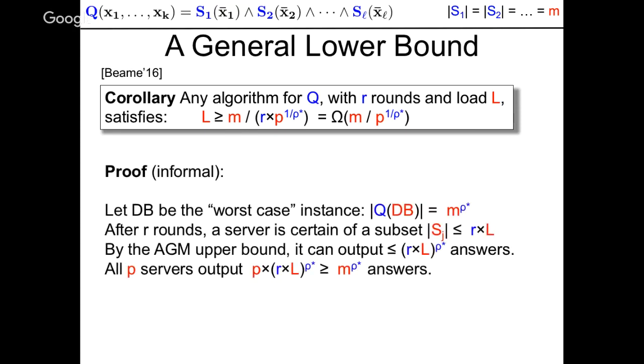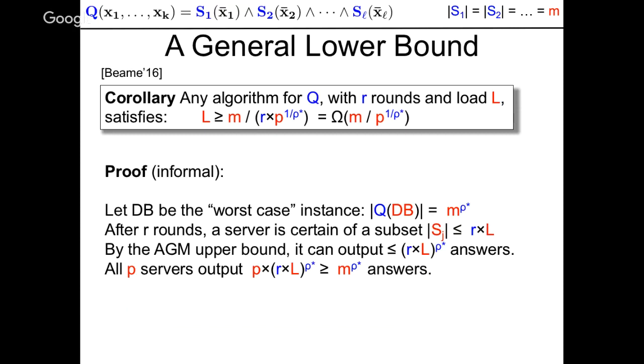Let me actually give you the proof, and it's informal. Start with that worst case database. And we know that the number of output tuples is m to the power of rho star. After a number of rounds, what can the server learn? Well, some subset of each relation Sj that is at most r, the number of rounds, times the load l, the number of tuples it can receive in each round.